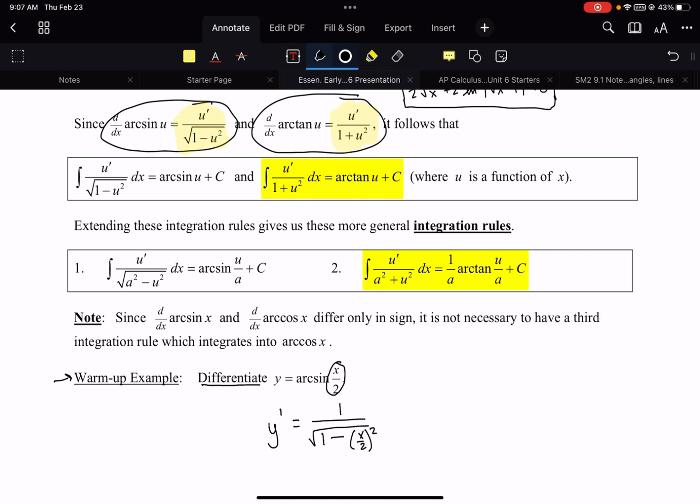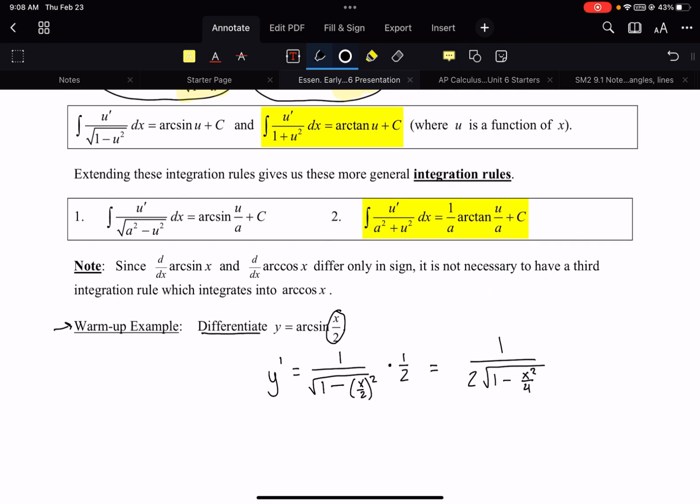And then you would need to multiply by the derivative of what's inside, which is 1/2. Maybe a nicer way to write that would be 1/2 square root of 1 minus x squared over 4.